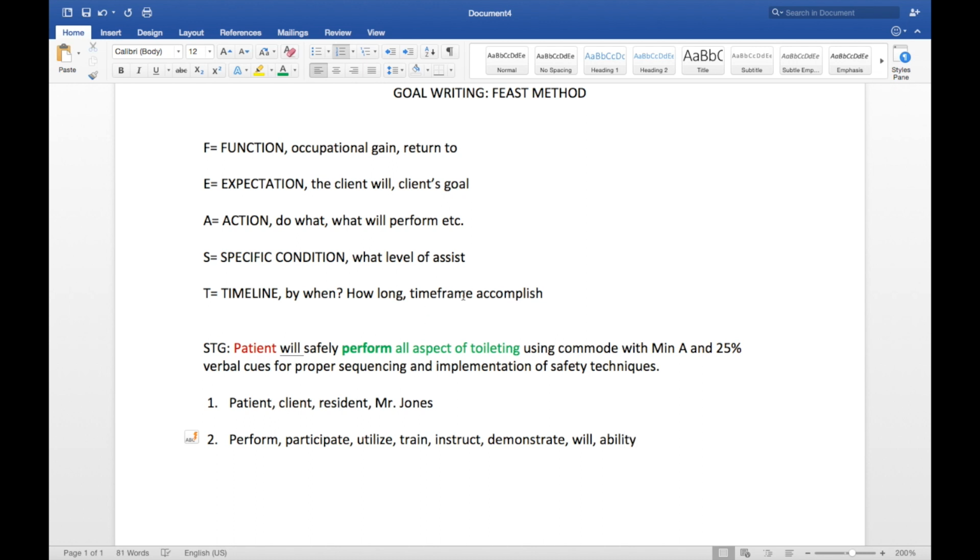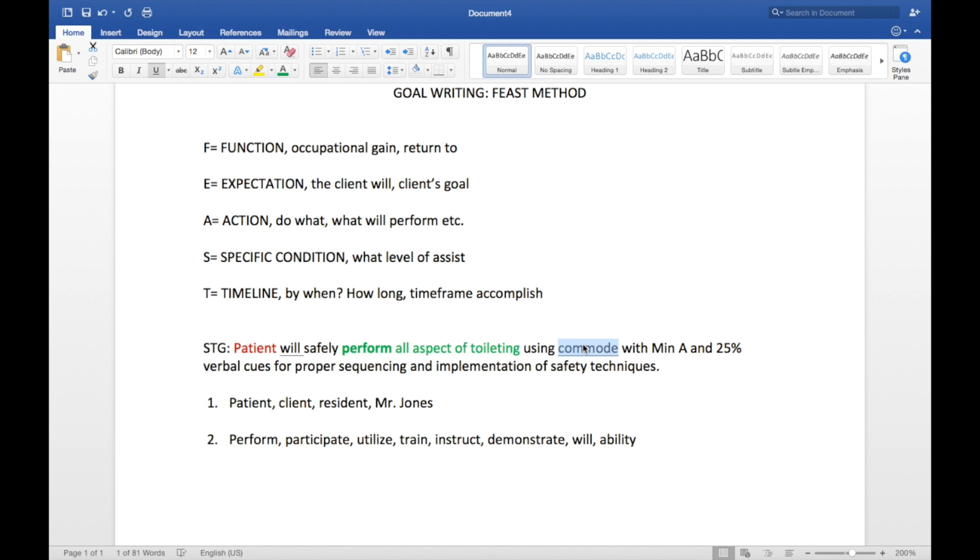So there's a lot of key phrases, but these are just some examples you can use. So I'm actually using in this example the use of a commode. So patient will safely perform all aspects of toileting using commode. Okay, so this is coming back to the expectation. Patient will, what's their goal? And their action, they're going to be performing toileting using a commode.